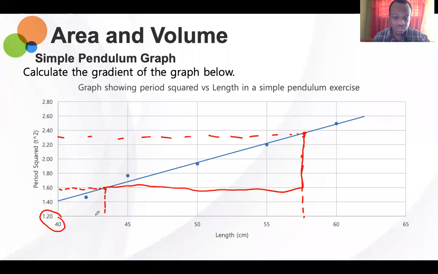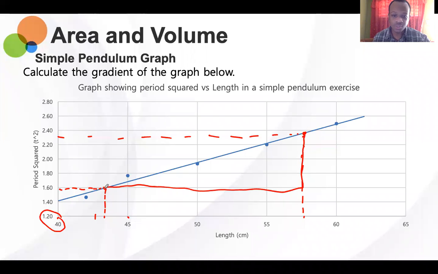Some students already did this, but I'm just going through it for the students who were not able to finish. So this is about 40. This is 42.5, because in the middle of 40 and 45 we have 42.5. So this would be about 43 right here. All right, so we're understanding.